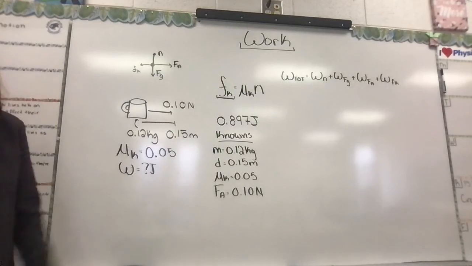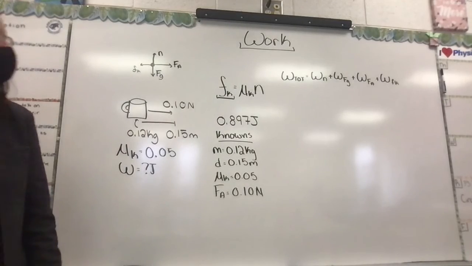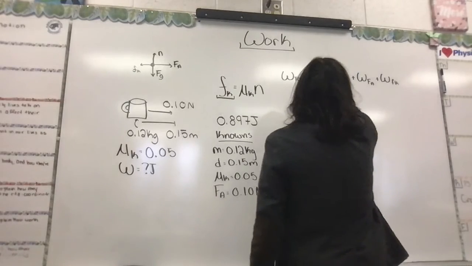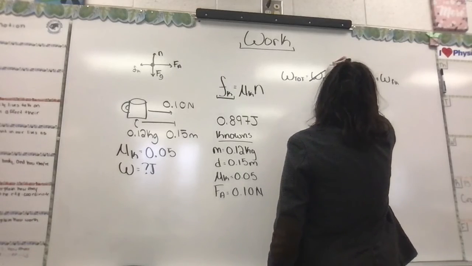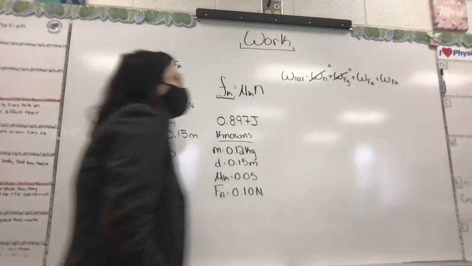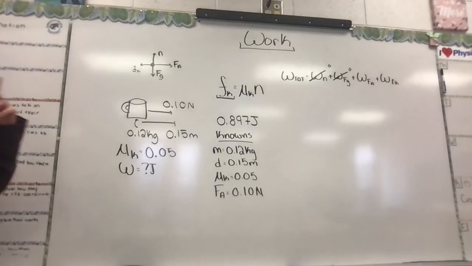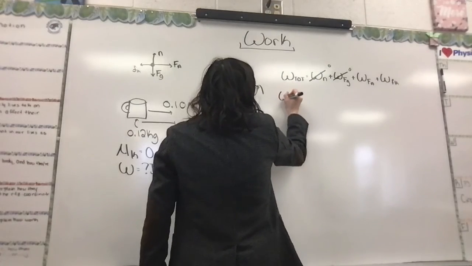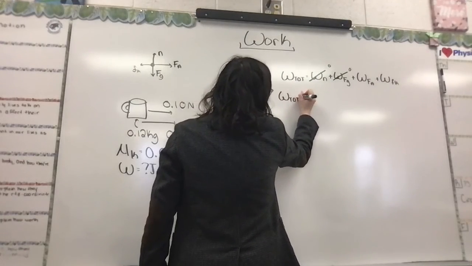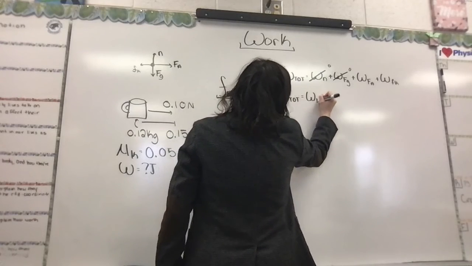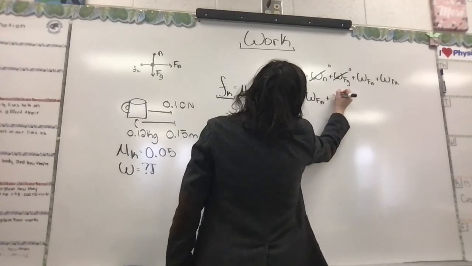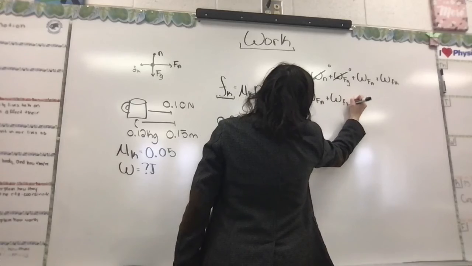What's equal to 0? Normal and gravity. They're not really doing any work. They're not causing anything to move. So the total work is going to be the work of the applied force plus the work of the kinetic friction.